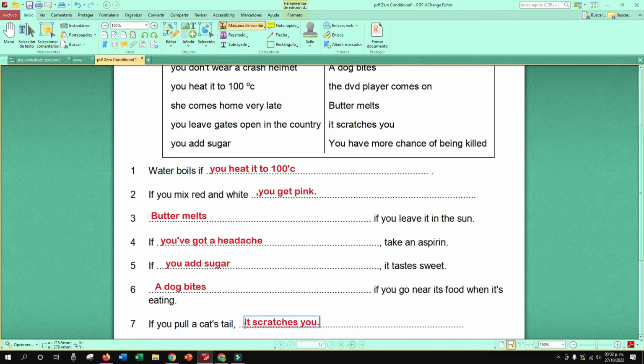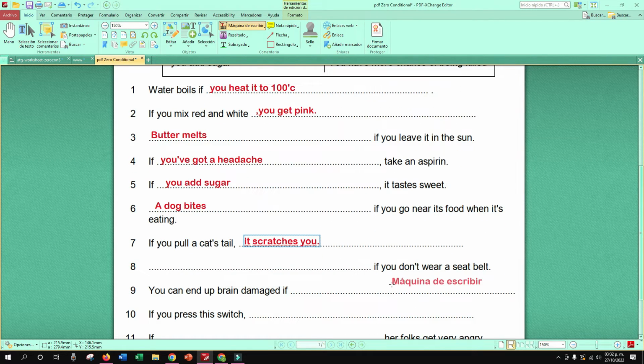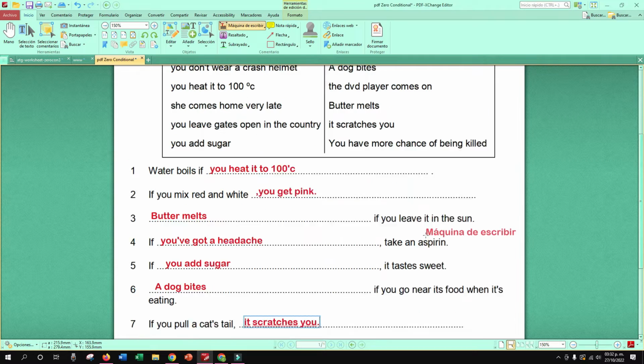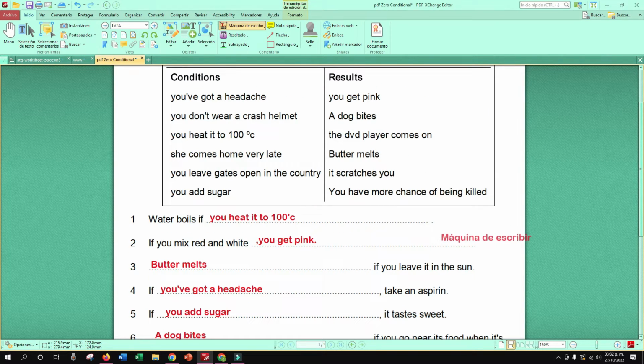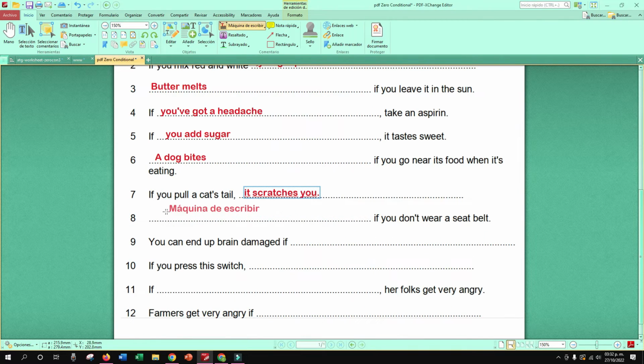Lo arañaría. So, if you pull a cat's tail, it scratches you, right? So, then 8, if you don't wear a seat belt, what is going to happen? You have more chance of being killed. That is the answer, right?